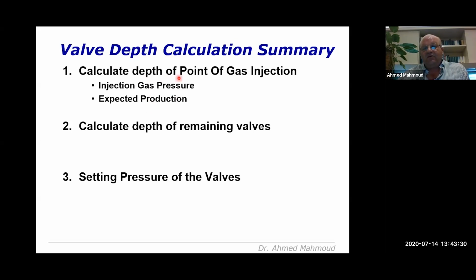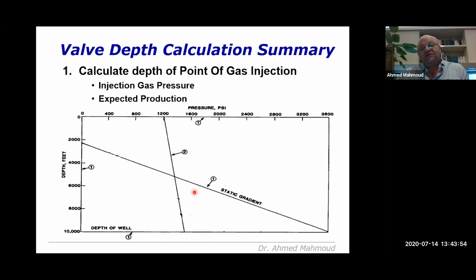We will go through a small example of how to calculate the point of gas injection. Once you know the point of gas injection of the first valve, then you can calculate the depth of the remaining valves, applying the delta P's all the way up. And you should also know how to calculate the setting pressure of the valves. So let's go over them one by one, easy.